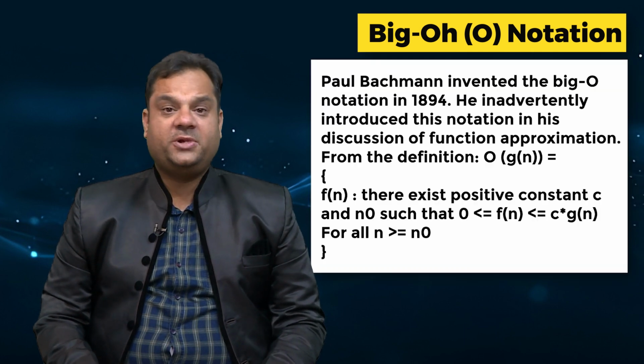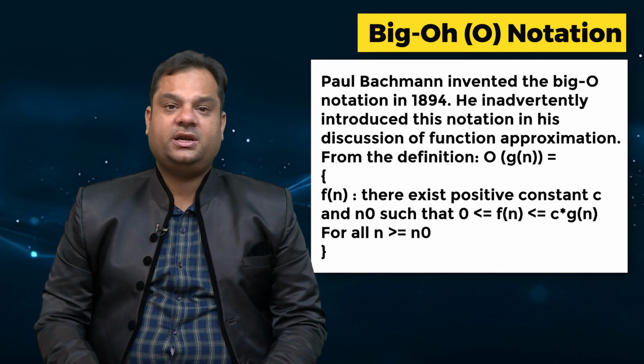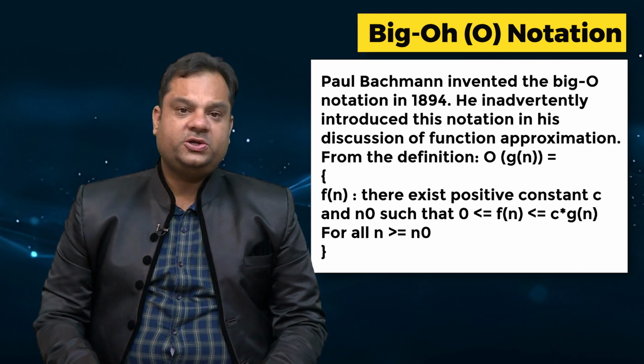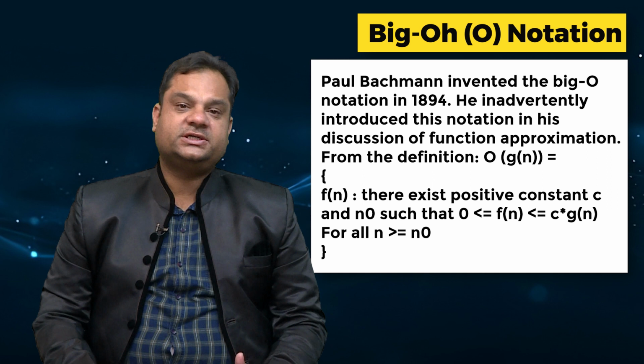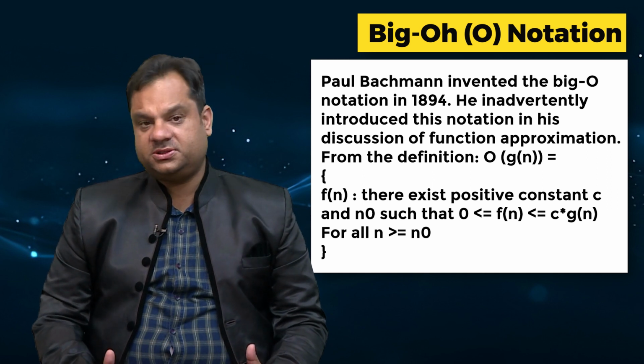In big O notation, Mr. Paul invented the big O notation in 1894, and introduced this notation in the discussion of function approximation.